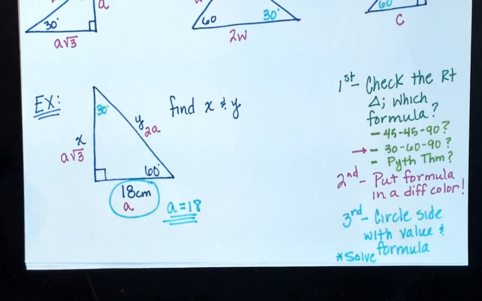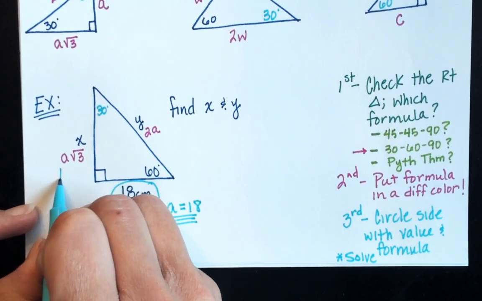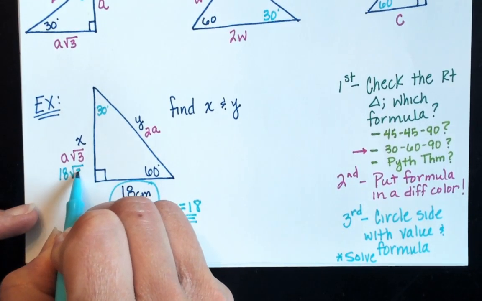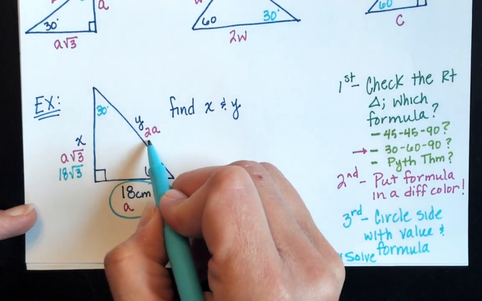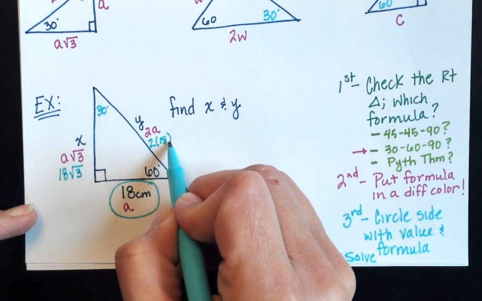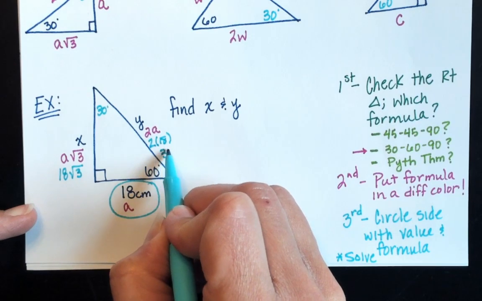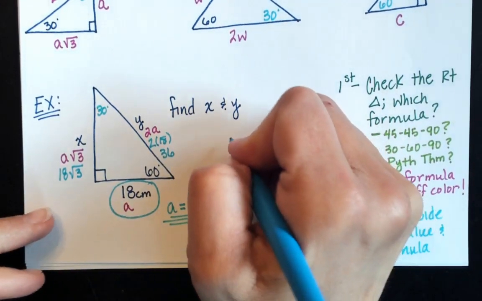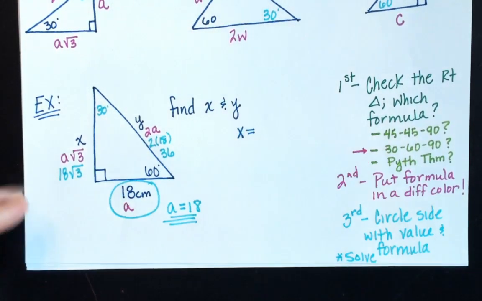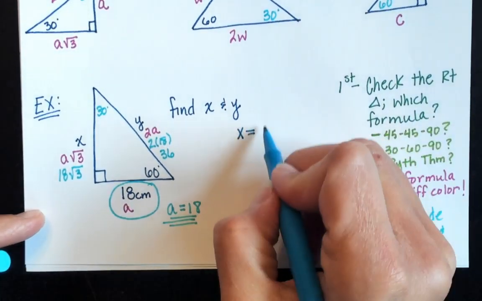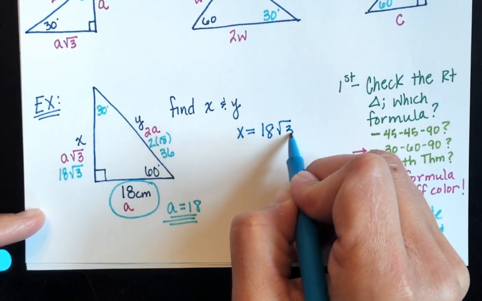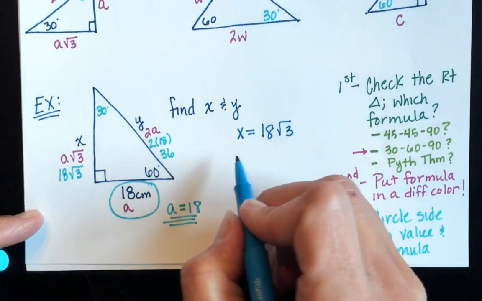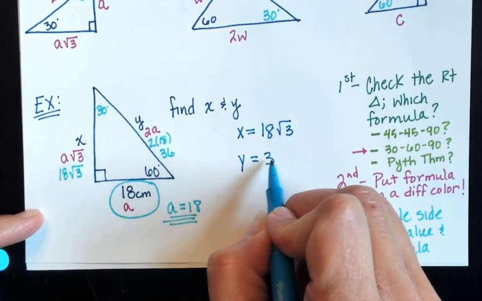So you can see how this is almost identical to what we just got done doing. So we're going to plug in 18 over here, and this side is 18 radical 3. We're going to plug in 18 over here, and 2 times 18 is 36. So I'm not going to search the triangle for this, but we are going to then label appropriately that this side is 18 radical 3, and this side, Y, is 36.